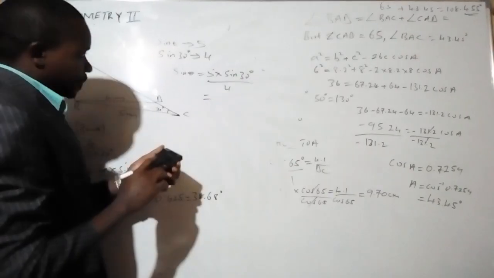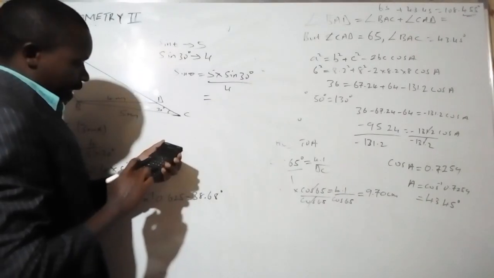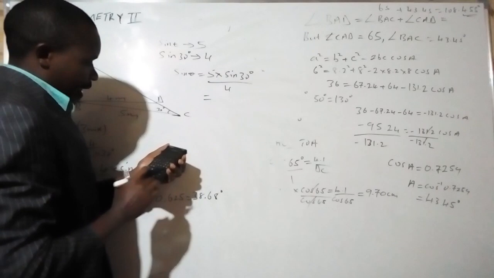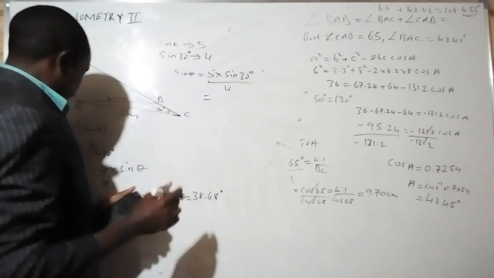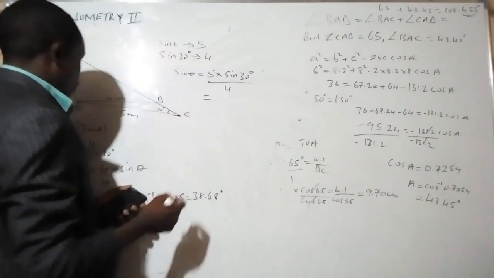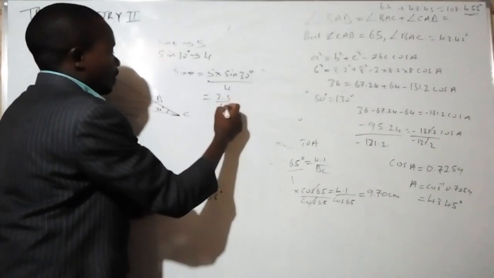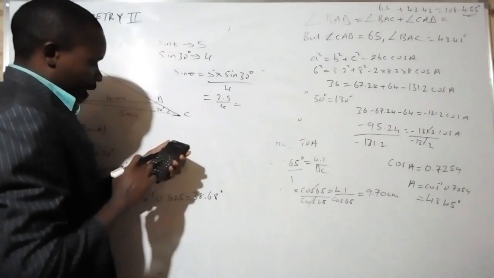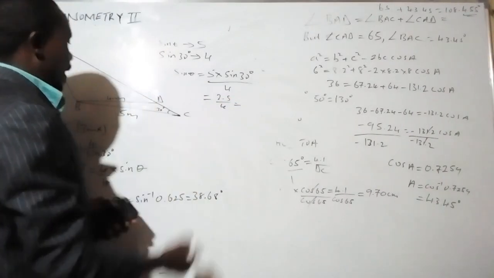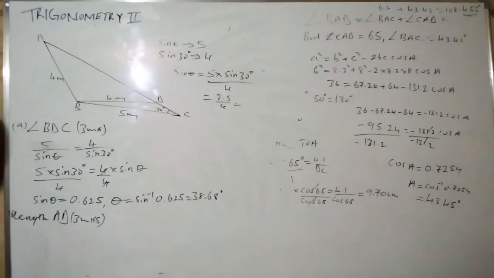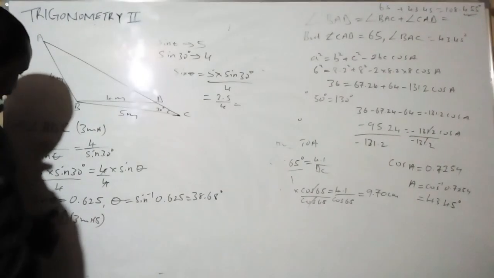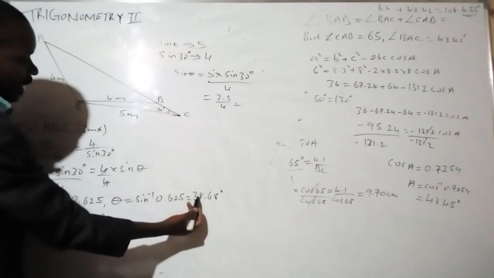5 times sine 30, 2.5, you divide by 4, yeah, it's correct. So this angle 36.68 is supposed to be this side.